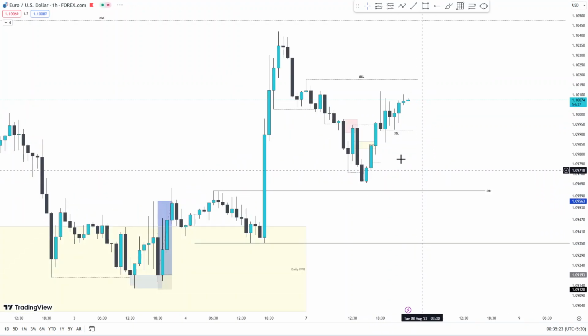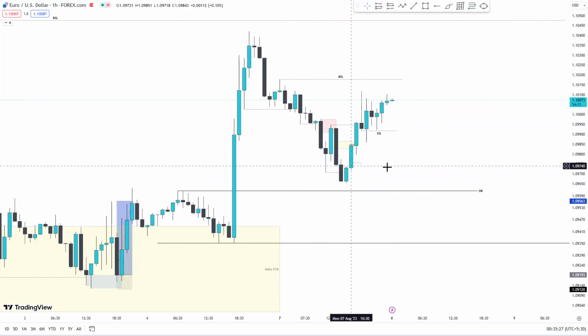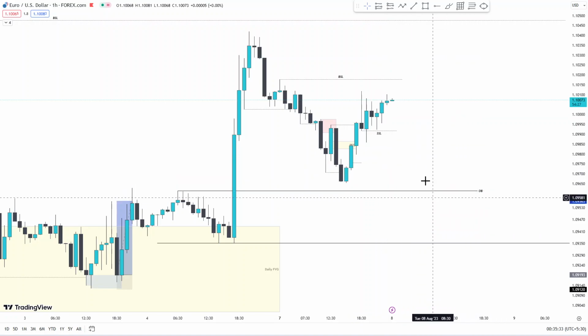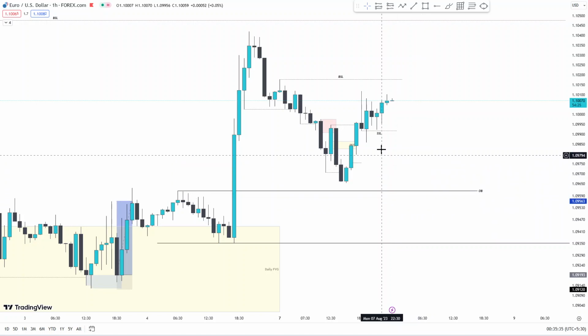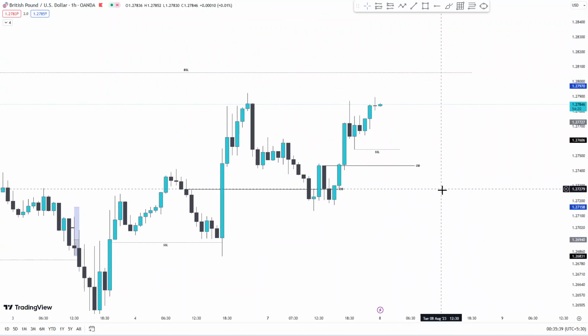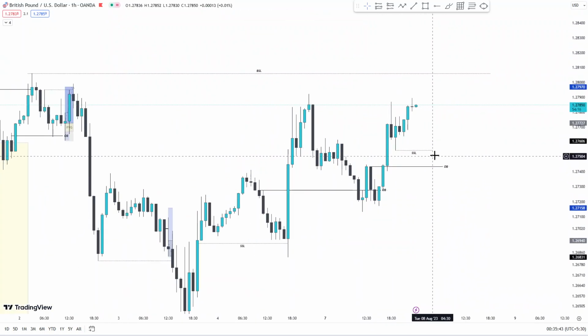But in Euro, I wouldn't be looking for longs from this area because this is really not looking good for me. Because we have an unmitigated order block in the higher time frame here, I would be looking for longs from here or from here with confirmations. But GU looks good to go long from here.